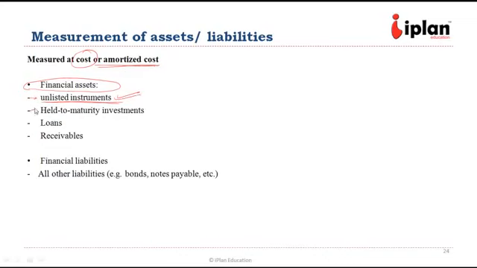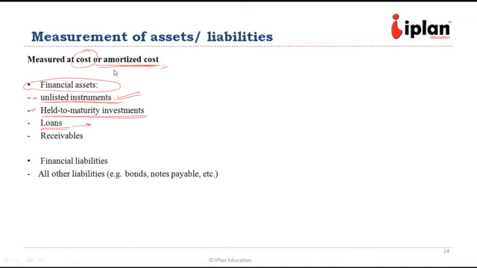There we have to put it at cost or amortized cost. Similarly, for held to maturity investments, where the company's intention is to hold them till the maturity of the investment, we should not be influenced by the current market value of the security. We will put it at cost or amortized cost in the balance sheet.